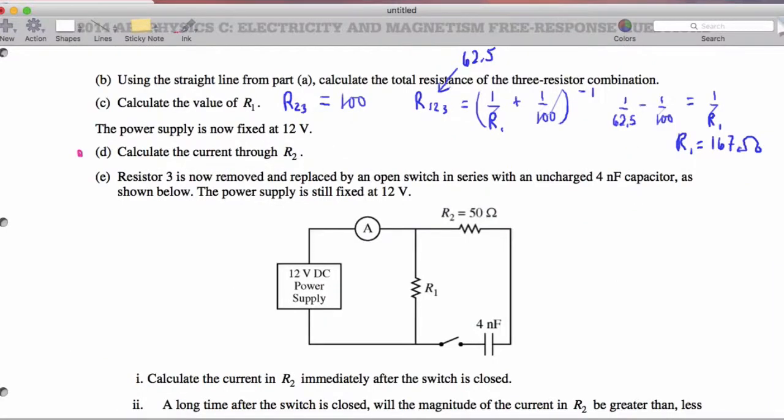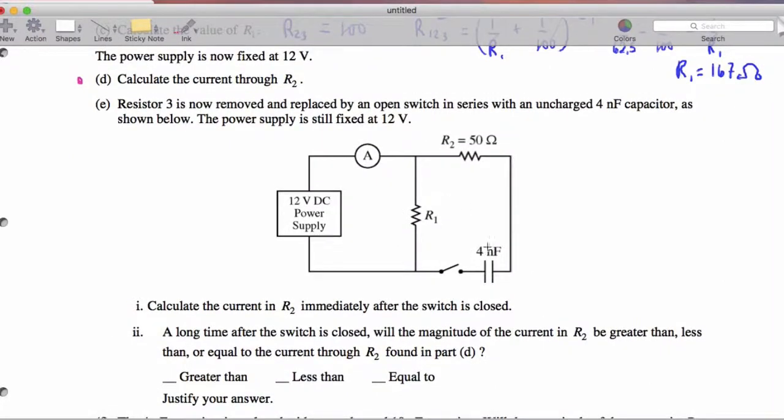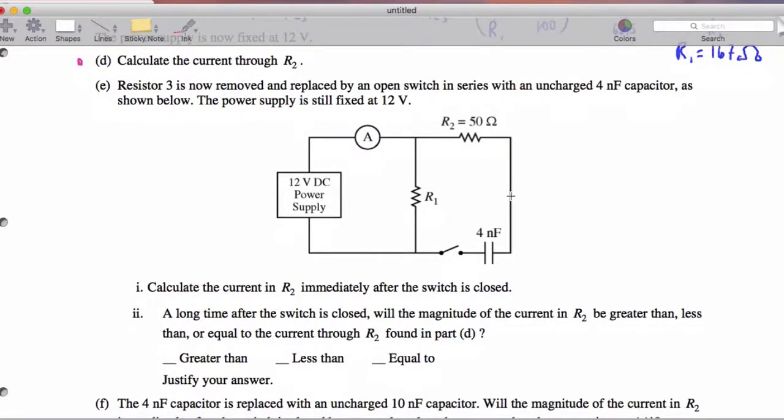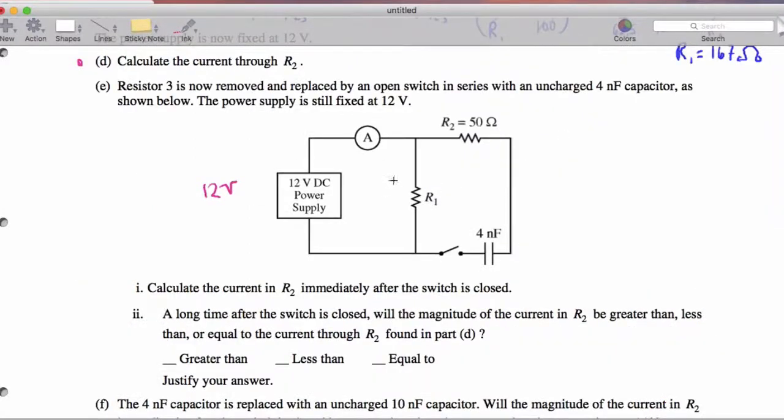All right, now we're going to replace this resistor 3 with a capacitor. We want the current at R2 after the switch is closed. So immediately after it's closed, we've got 12 volts here. And again, we have that R1 is 167 ohms. So we have 50 in parallel with 167.